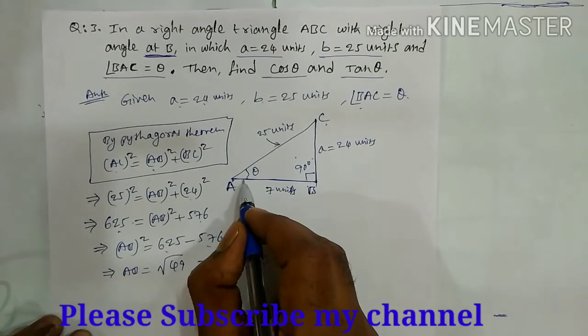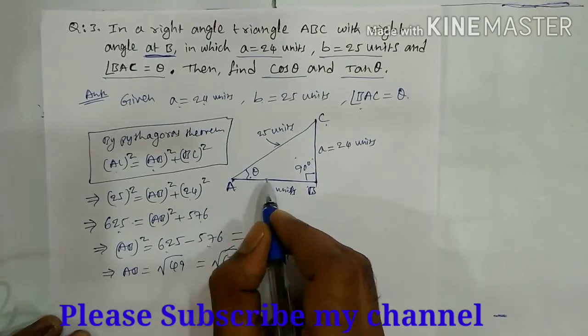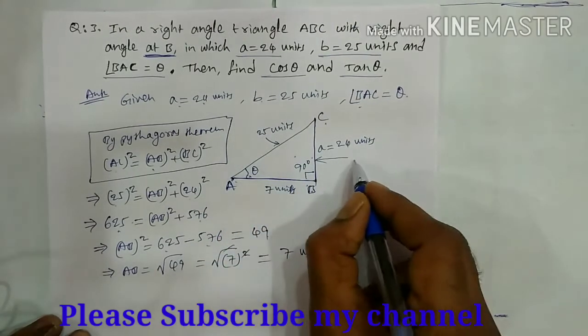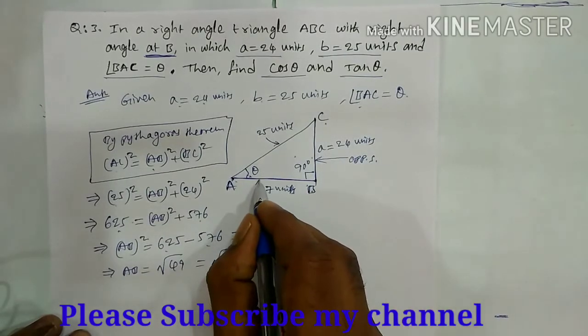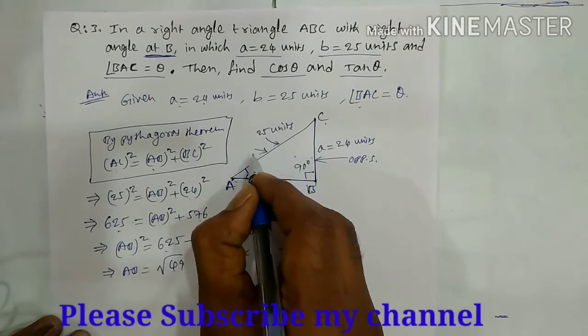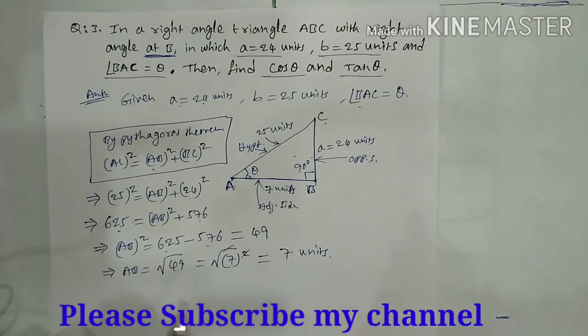So here this is the angle with respect to angle A. The side opposite to the angle is BC, and adjacent to the angle is the adjacent side. The remaining third one is the hypotenuse, the longest side. Now it is clear.